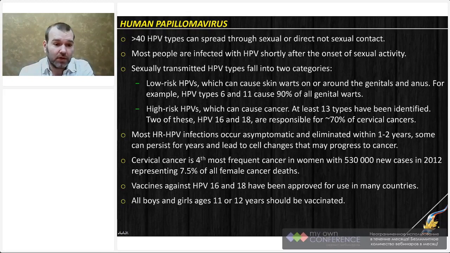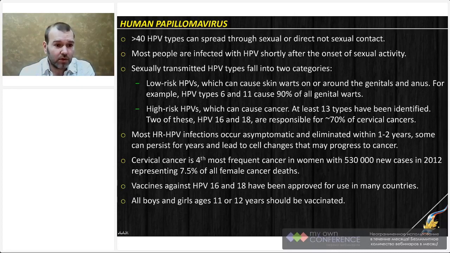If you talk about high-risk oncogenic viruses which can cause cancer disorders, then we have more than 13 types of virus, but usually only types 16 and 18 are identified in different cancer disorders, and about 70% of cervical cancers are caused by those two types.